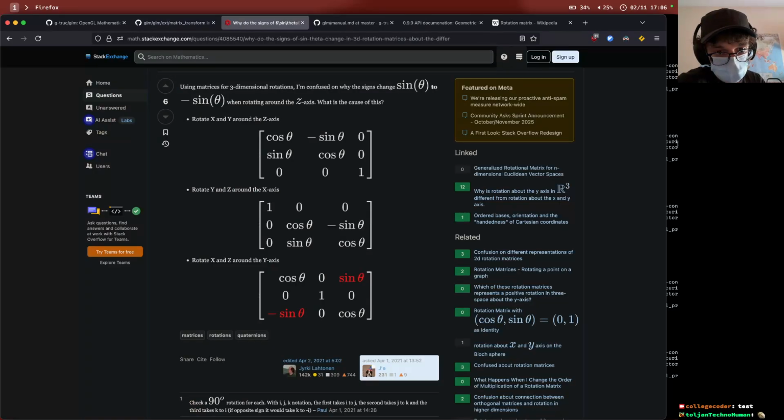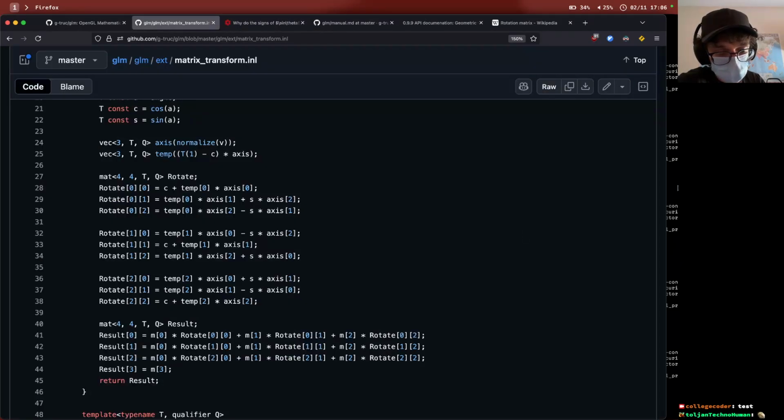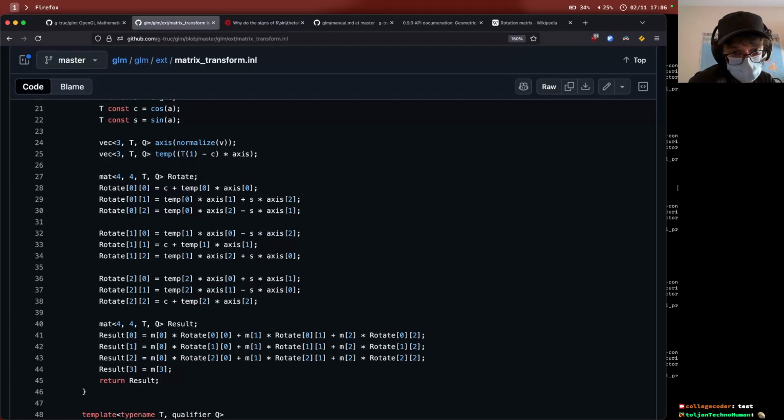Now, we're right now here. We need a 0. For that, I'm going to have to take temp times the axis at 2. Axis at 2 would be 1 because we're rotating around the z-axis. We're only considering the z-axis. Minus the sine times the axis at 1. Now the axis at 1 is 0, so it cancels out the sine.